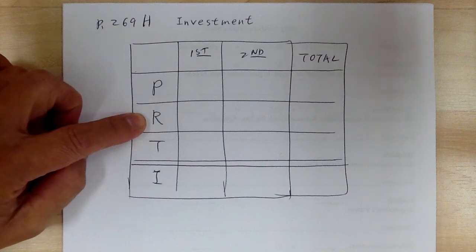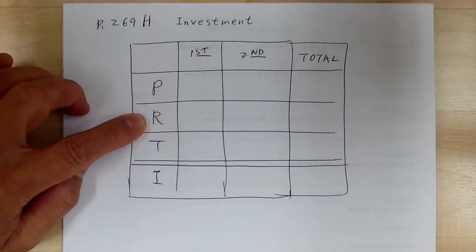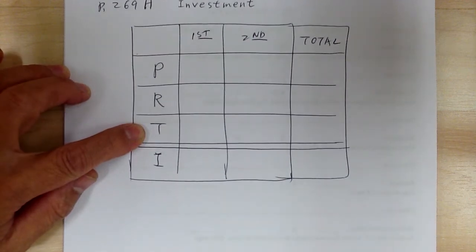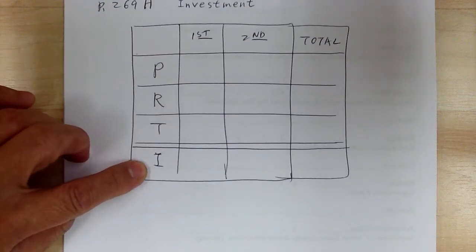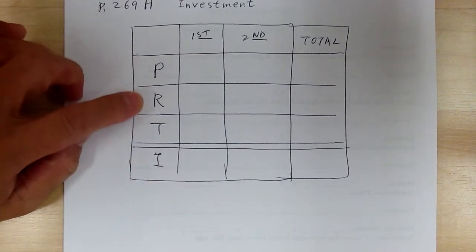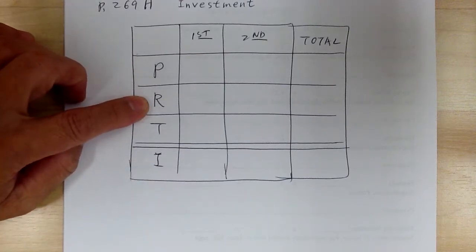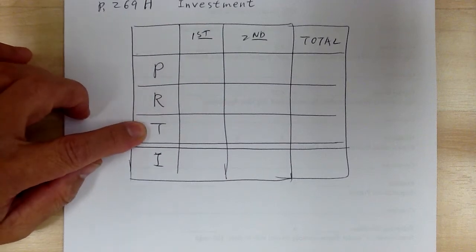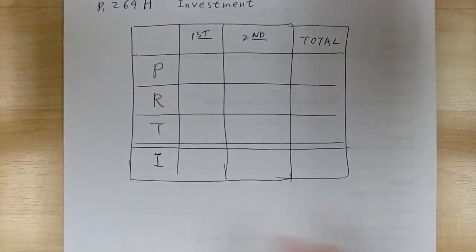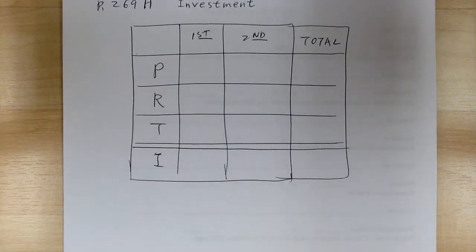R stands for the interest rate, and T stands for time, like 1 year, 2 years, and so forth. I is the interest. So again, P is the principal amount, R is the interest rate, T is time, and I is the interest. So this is the table that you need to make.